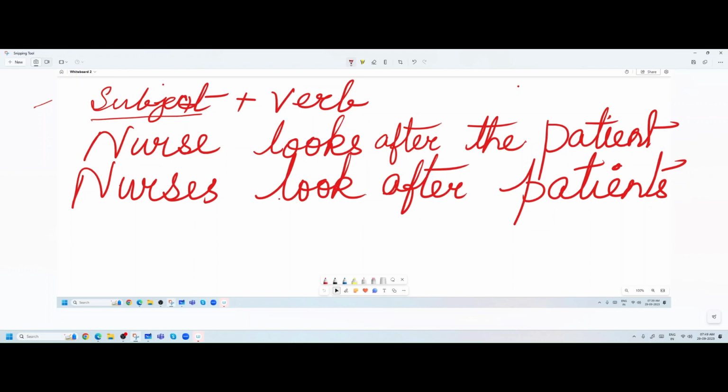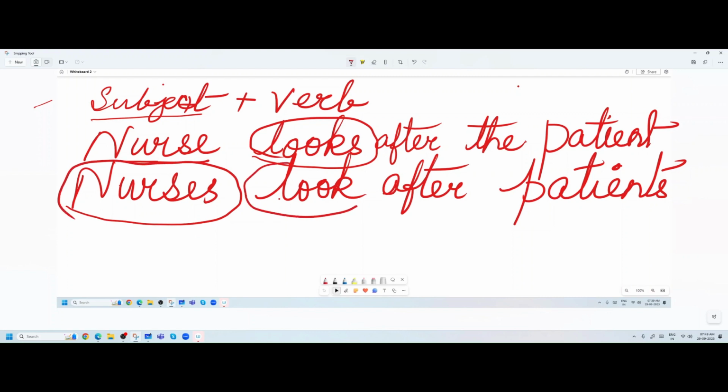Look at this. Nurse, when your subject is singular, the verb has an S. When it is plural, the verb is in the base form. Clear? The S plays a very important role over here.